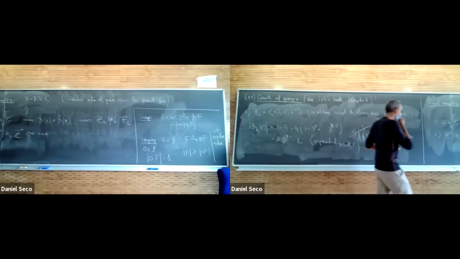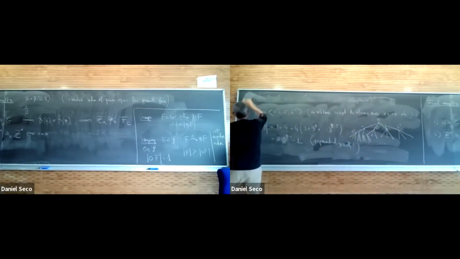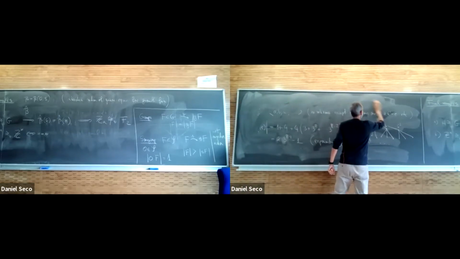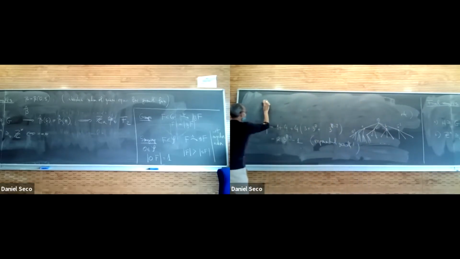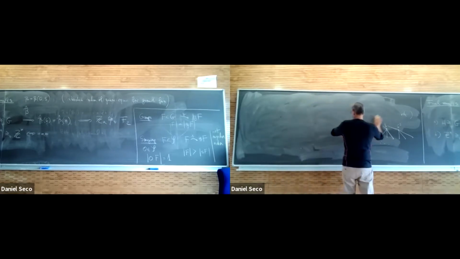Okay, so let me move on to the exercises. We have the chance to go back to the quasi-isometries, which I assume most of you see for the first time, so we can practice a bit more.